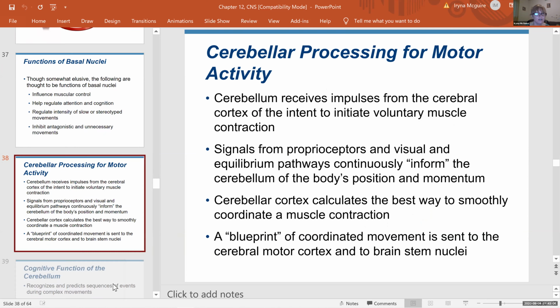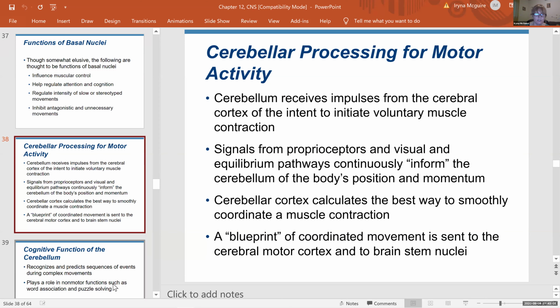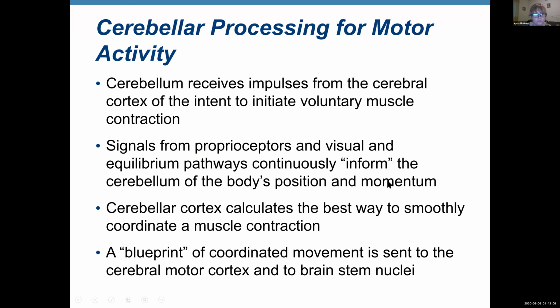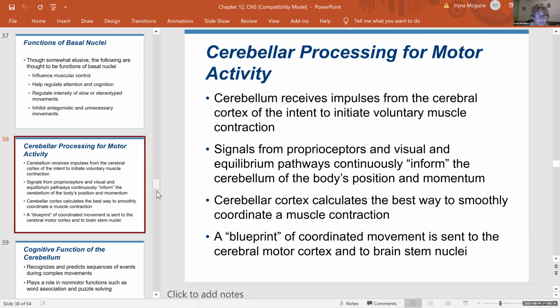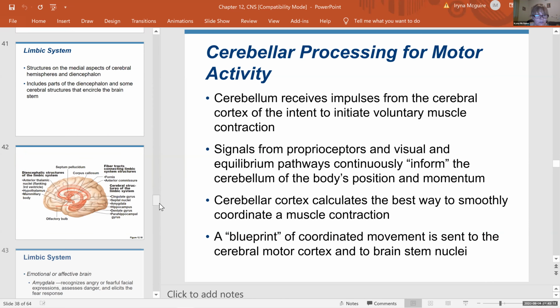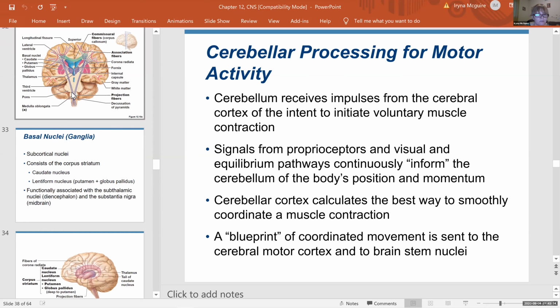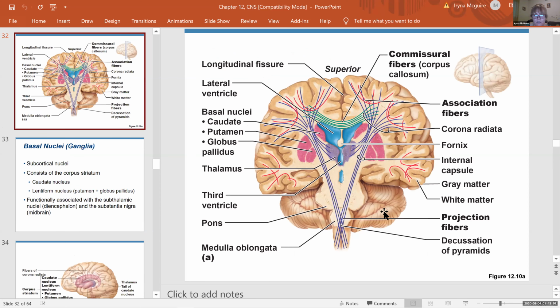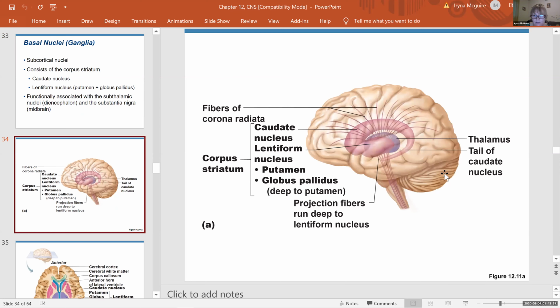Okay, now let's look at the cerebellum. So that was the cerebrum. Now, what about the cerebellum? I hope you know where the cerebellum is located. Let's go ahead with my picture, so here, for example, this is the cerebellum.